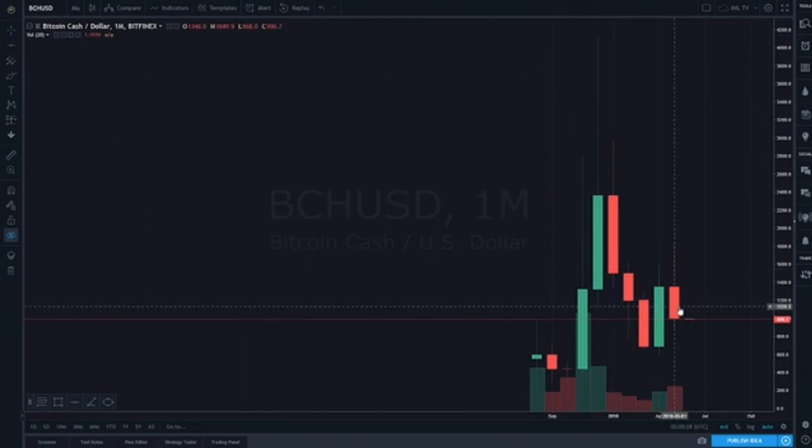We can see that price in the month of May did experience a higher level of volume than even the biggest candlestick for the bears. Notice how the volume on this particular candlestick was much larger than any other candle we've seen today.